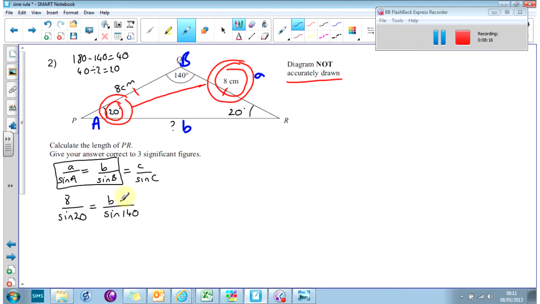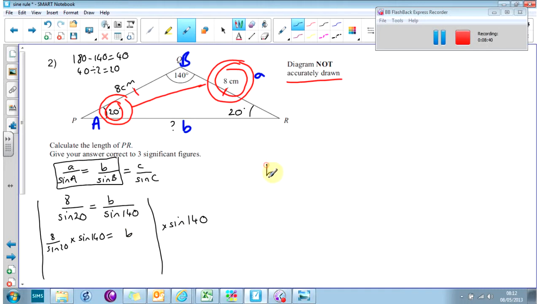And as before, I'm going to rearrange it to make b the subject, so I'm going to multiply both sides of this by sine 140. I would write it over here, except I don't have room. So I've got 8 over sine 20 times sine of 140, and that'll give me b.